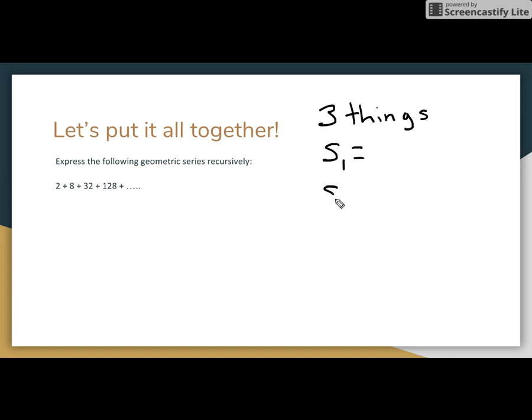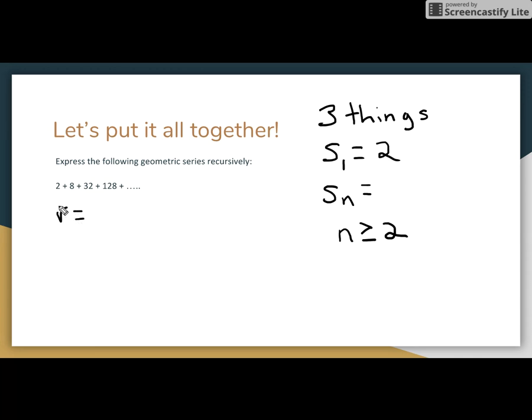We need to define what the rule is, so what our sum of n is going to equal. And then we need to define what n is going to be, and in this case, n is greater than or equal to 2. For this, the first sum, S sub 1, is just going to be 2. And now we need to find out what r is.